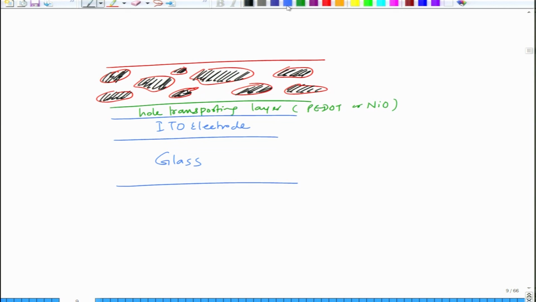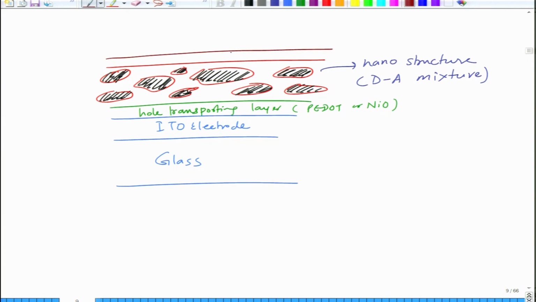You can say we have a nanostructure. We can say a donor acceptor mixture. Then on top we have an electron transporting layer. This is only to ensure that only electrons cross through this layer.